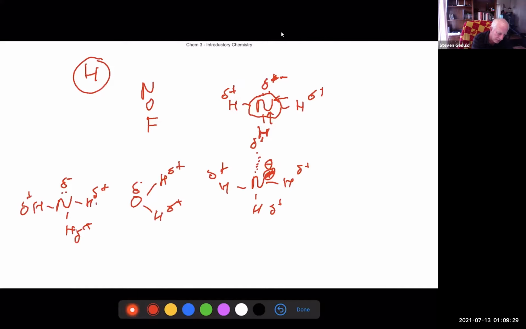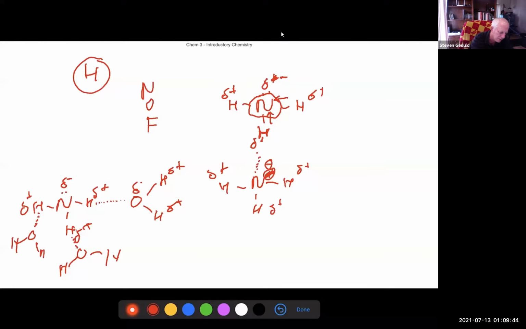So the minus and the plus bond to each other. And the same thing here, another oxygen for water, and the minus and the positive form a bond. And this forms a whole network here. And it dissolves in water due to the hydrogen bonding, the opposite charges attracting.